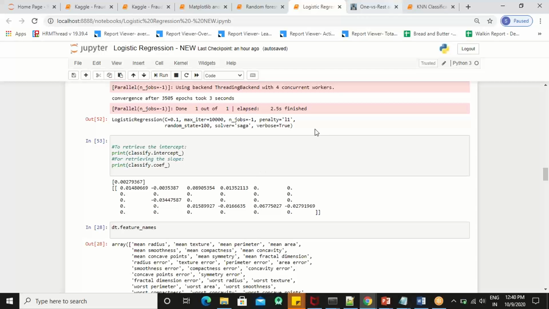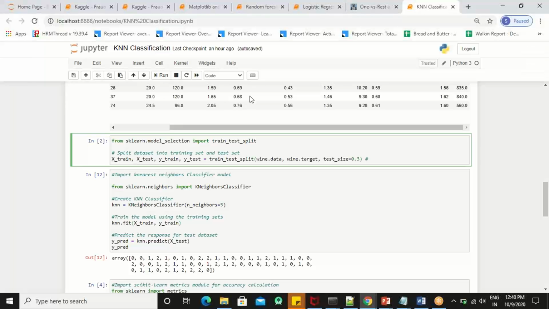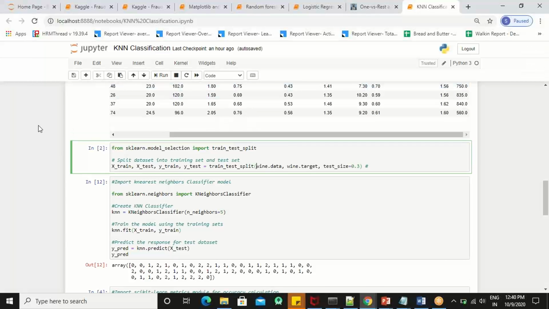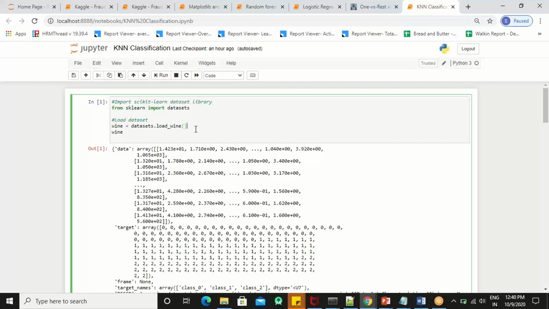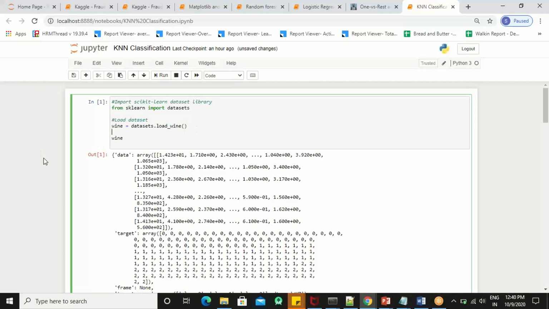So I'm moving into the KNN first. There are some important things I would like to discuss here also, because we have already done it. So first of all, KNN is one of the very simple models, but it can be used for both classification and regression.